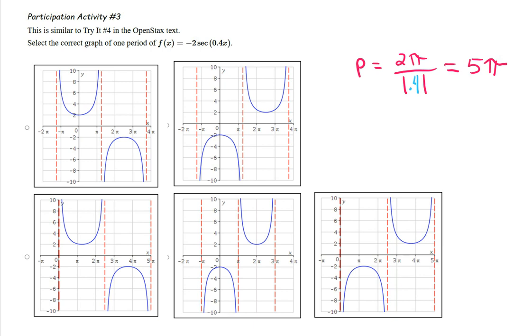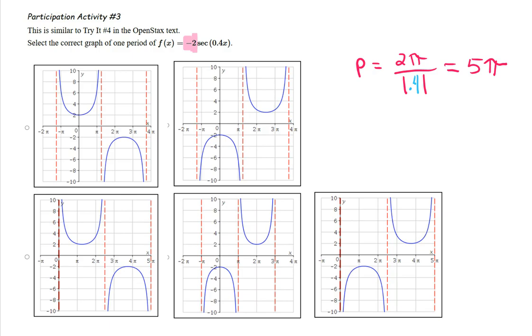Now, I know that the secant is the reciprocal of the cosine, and the cosine function has an amplitude of 2 right here. It's actually a -2.